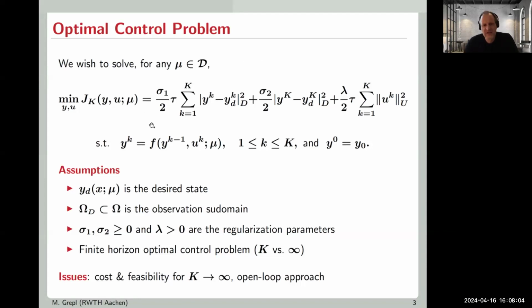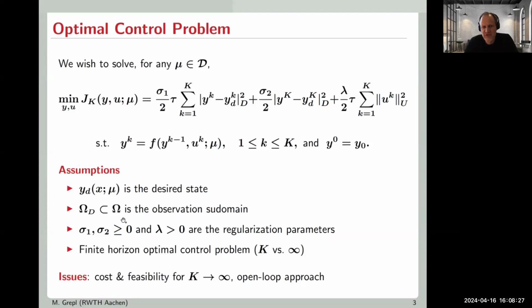As you can see here, I've written down the so-called finite horizon optimal control problem. So our sum doesn't go to infinity, but just to k. Whereas in the beginning, I said we would like to control our system for all time. Well, we could theoretically let k go to infinity to obtain the infinite horizon control problem.